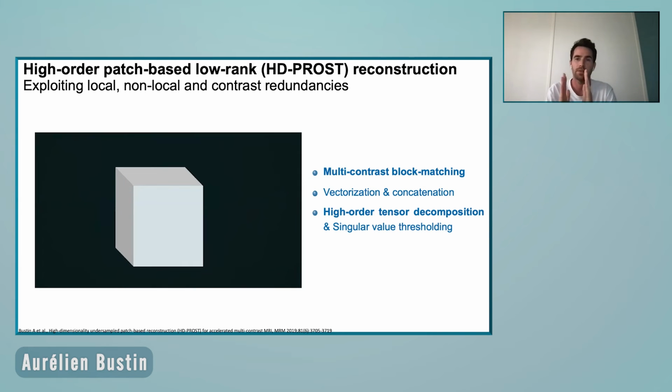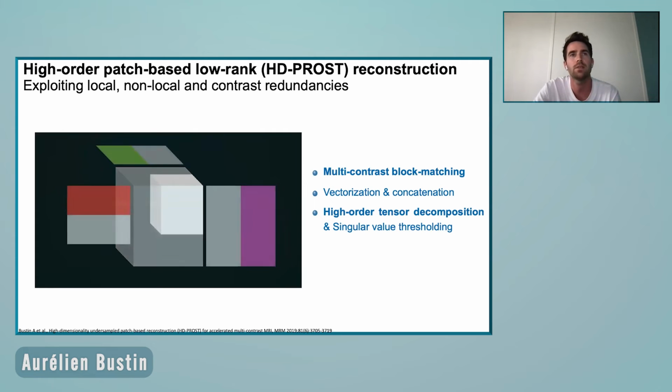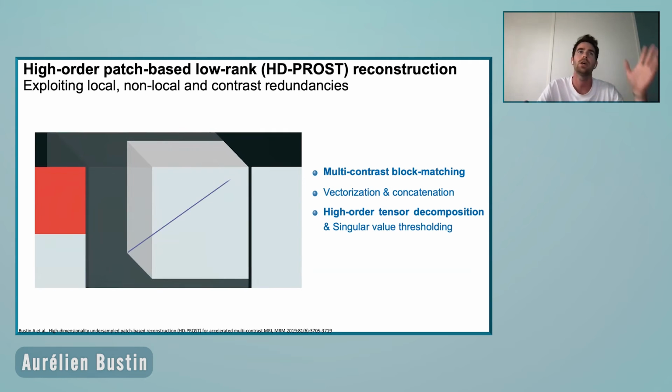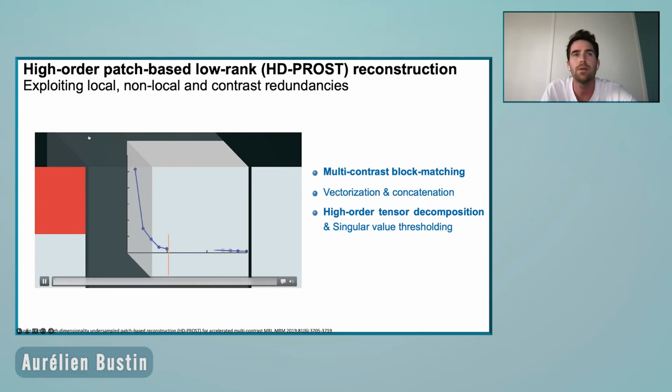You build a tensor out of these multi-contrast matrices. So you have a 3D tensor. You just stack the previous matrices, and this tensor is low rank. We've seen that in the previous slide. So you just do a singular value decomposition, and you keep the main singular values. Here I've just kept 5 singular values, and this really acts as a very efficient denoising.